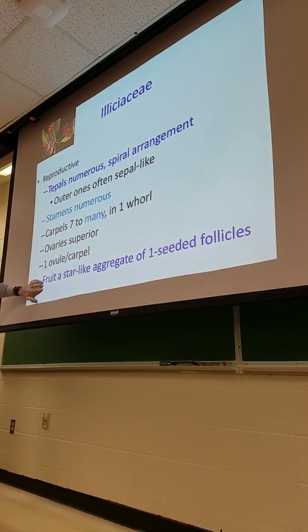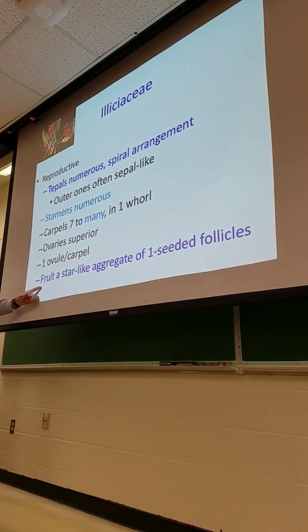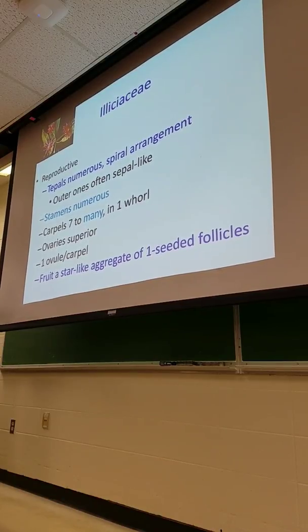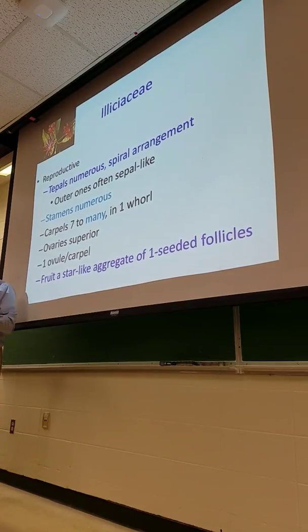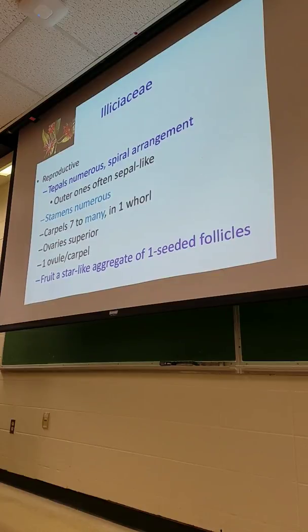This whorl of carpels, once it goes into fruit, gives a very characteristic appearance. It actually makes this fruit of all these little carpels look like a star-like structure. And that's why it's often called the star anise family.